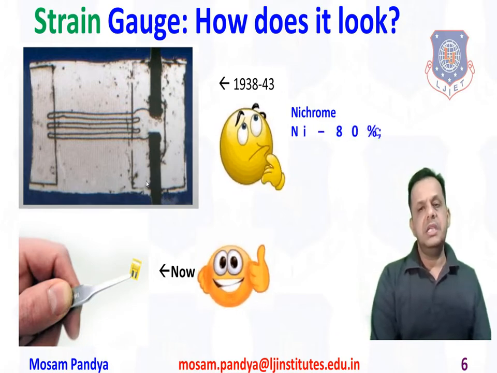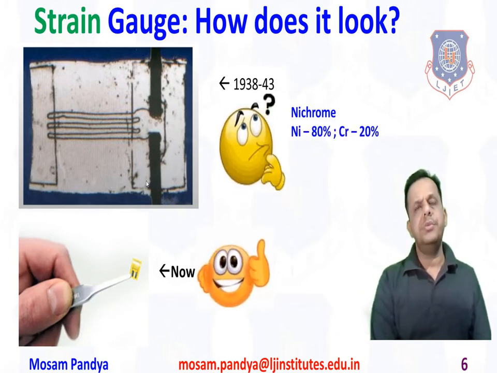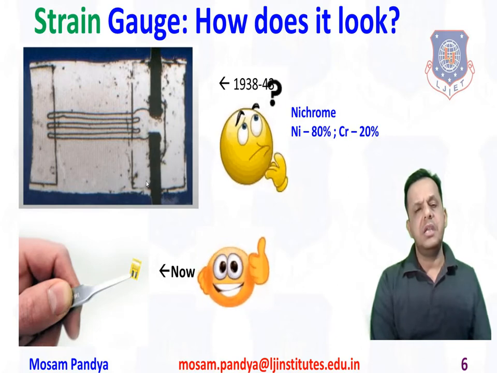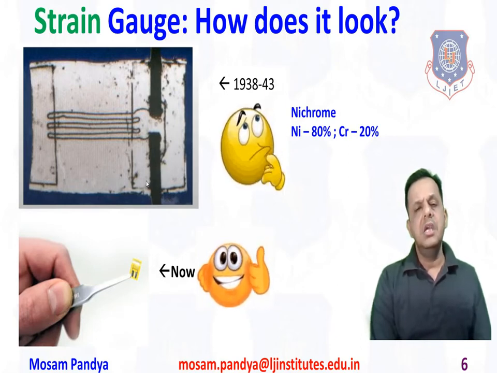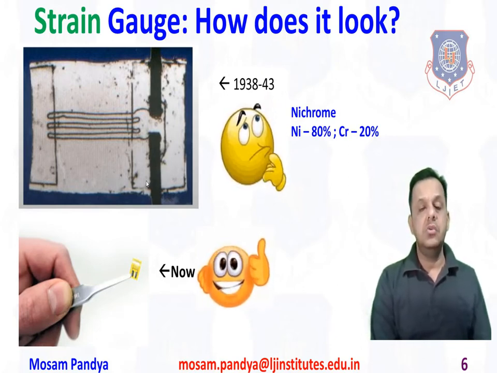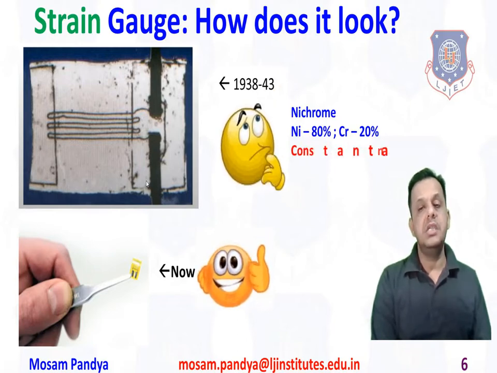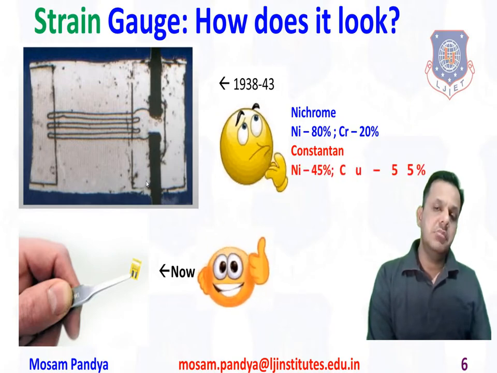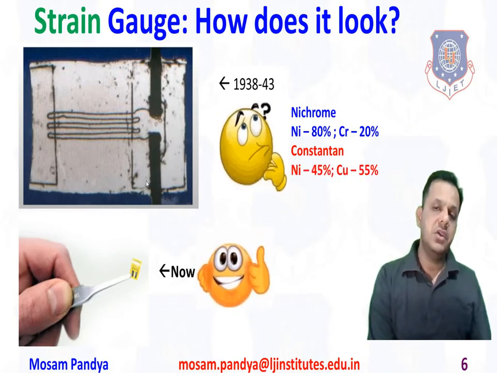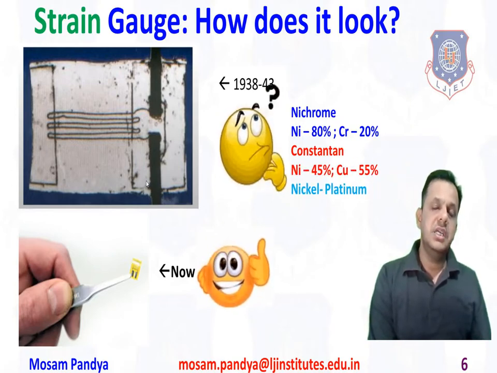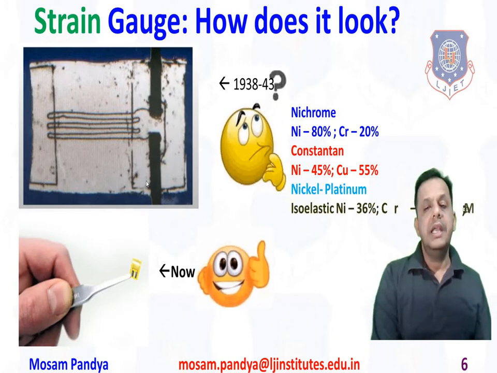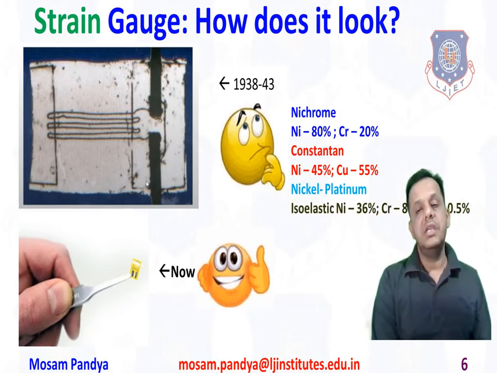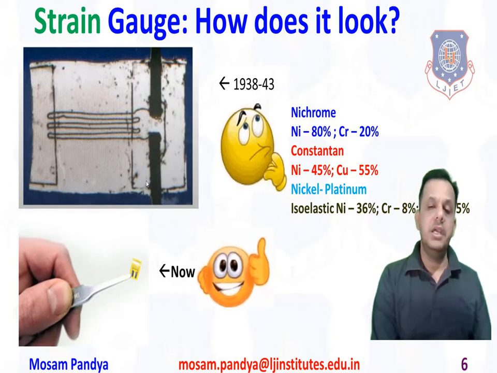Basically nichrome, copper, chromium are very popular materials having quite good elasticity, very good sensation, very good response to the resistivity, linear resistance. These are some materials and combinations: nichrome, constantan, and nickel platinum combinations, and isoelastic combination where nickel, chromium and molybdenum are used.